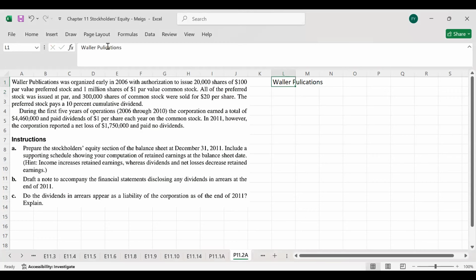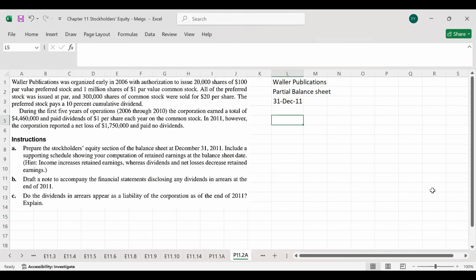Then the name of the financial statement, partial balance sheet, then the date. We are going to report this on December 31st, 2011, and stockholders' equity. In stockholders' equity, first we have common stock.